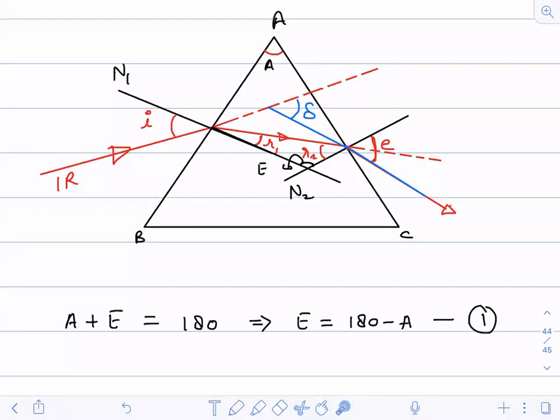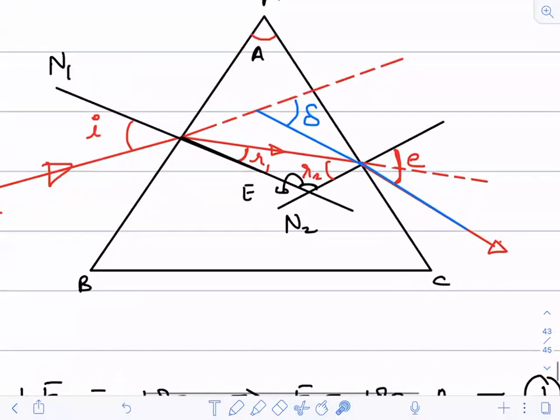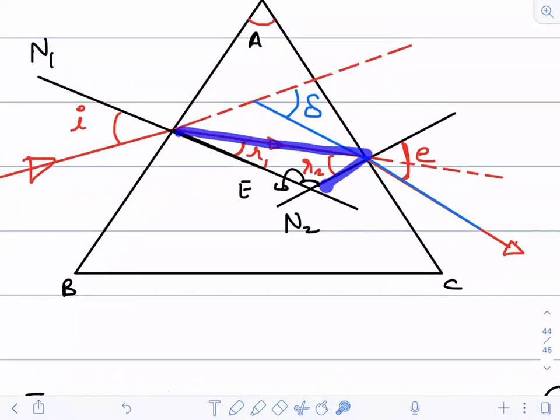Now, can you see this triangle? What are the three angles in this?